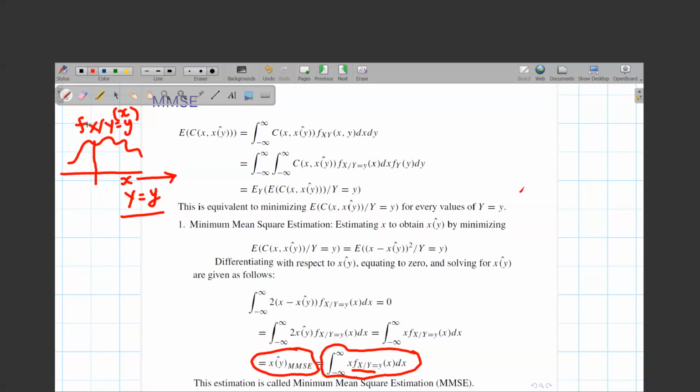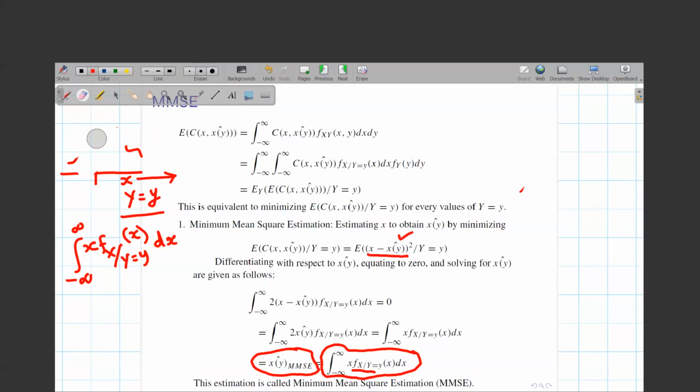That is computed as the integral of x times the density function f of x given y equal to y, dx. This is exactly what we call MMSE, minimum mean square error, because the cost function we have chosen here is (x minus x cap) the whole square. If I use some other function, it will end up with a different solution, right?